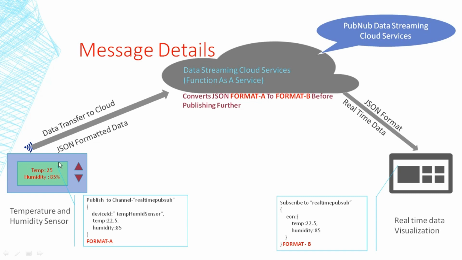Now this data is being generated in a specific JSON format. This is what I call format A, and the device publishes its own device ID, then the temperature and the humidity. Now this goes to the PubNub data streaming cloud services, and here the function that we have created will be called.